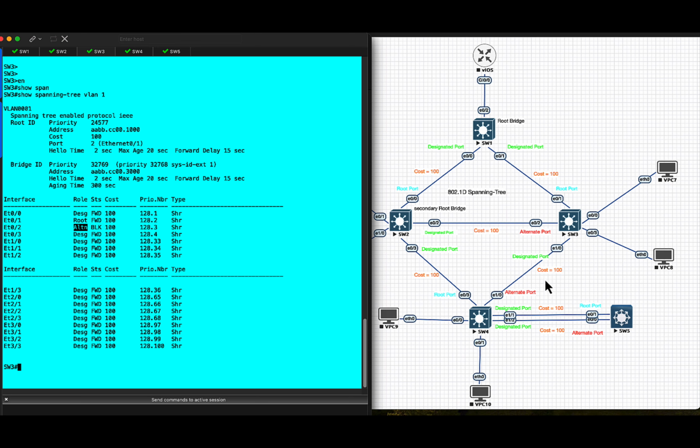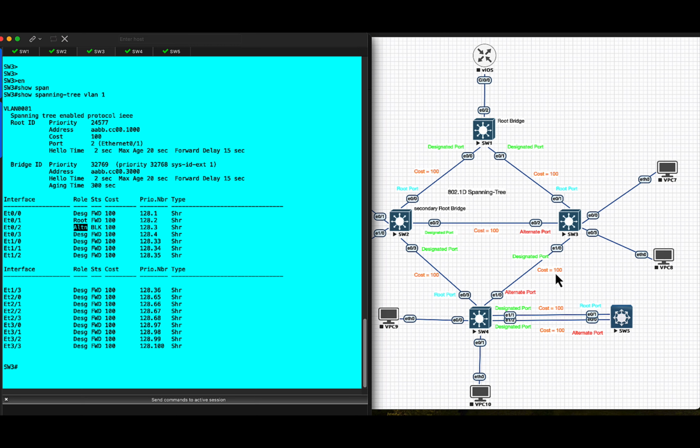Now, in this case, it's very clear that switch 3 is going to win, just based on cost from itself. From the local switch itself to get to switch 1, the cost is only 100. But for switch 4, we don't have to count this interface, just all interfaces. The lowest interface getting to the root bridge on switch 3 is this one, which costs only 100 to get there.